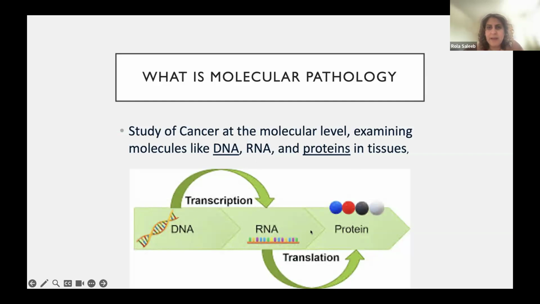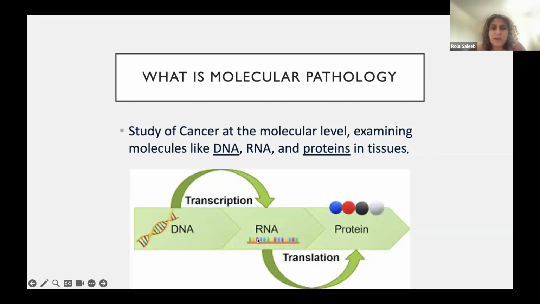And this is the sequence of the significance of these molecules. So you have your DNA, and the DNA produces copies of RNA, and the RNA produces your final ultimate protein. So you can study it on the final level, the protein. What is the protein that is expressed, or what's the protein that's present in your cancer?